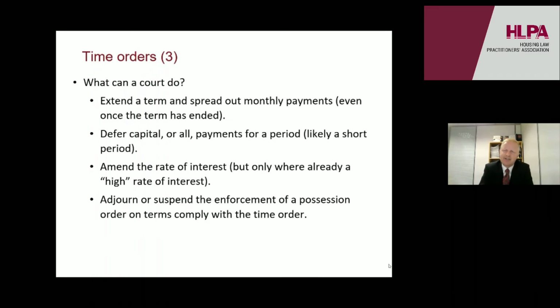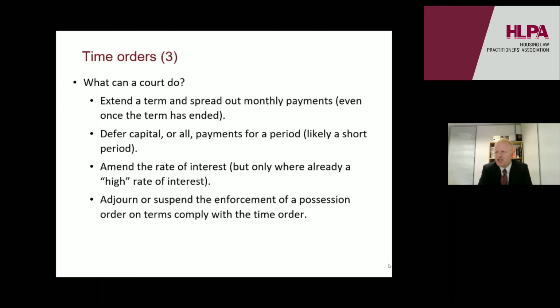And I've set out on this slide what it is possible for a court to do when making a time order. So first of all, the court could extend the term and spread out the monthly payments. And I would submit it could do that even once the term had ended, provided that there was good evidence that this would mean the borrower would be able to repay the sum.